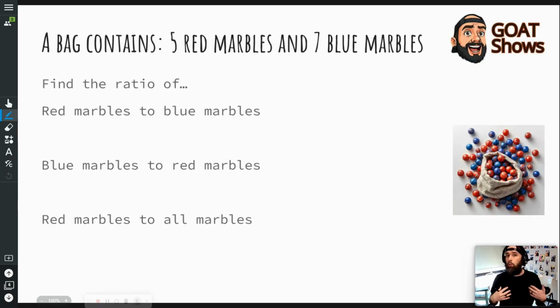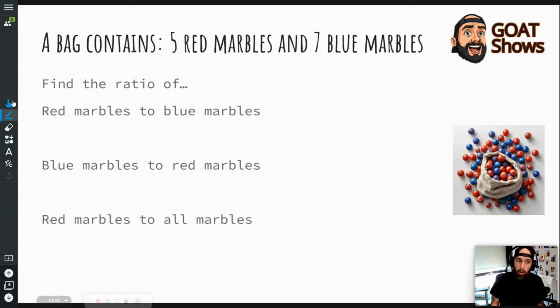So, I'm going to do a bunch of problems, okay? And then after we do a bunch, I'm going to ask you to do a bunch of problems as well. Now, there's 2 main types of ratios that we're going to talk about. There's one, like we just did, called a part-to-part ratio. We have 5 red marbles and 7 blue marbles, and I'm asking you to find the ratio of red marbles to blue marbles.